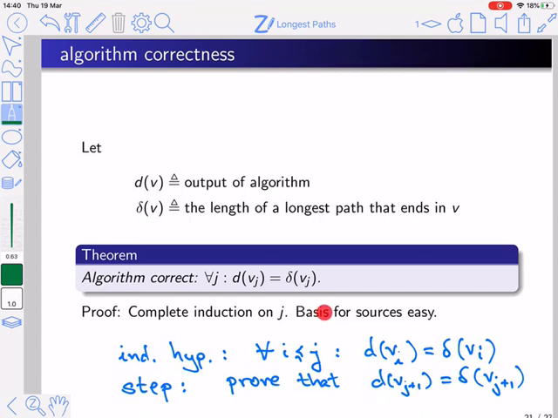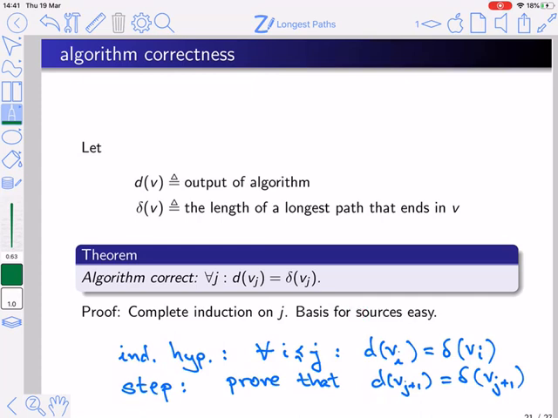The induction basis for v0 is very simple, because for any node which is a source, the algorithm assigns d of vj to be 0, and we know that delta of vj is also 0. So for sources, which also includes the induction basis for v0, the proof is very easy.